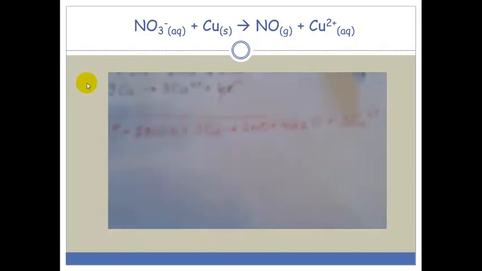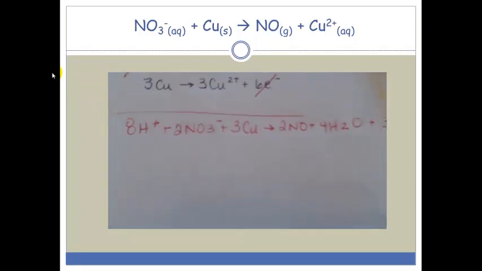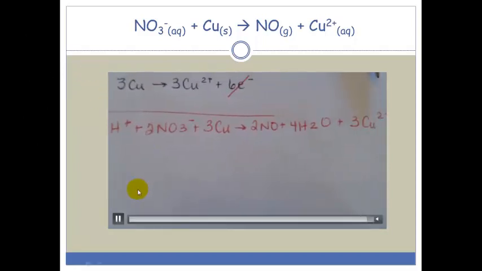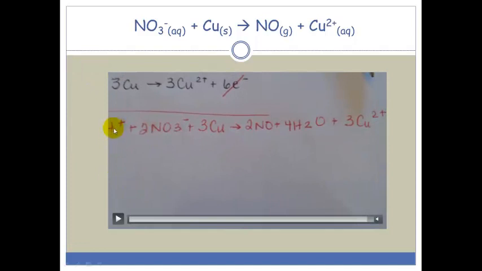And that gives us a balanced redox equation. And we can check this redox equation by adding up. So we have 8 hydrogens, 2 nitrogens, 6 O's, 4 O's plus 2 O's is 6 O's, and 3 copper. So we know that we are correct.